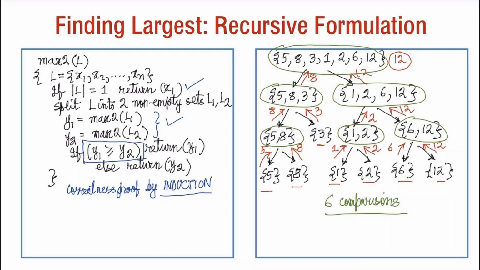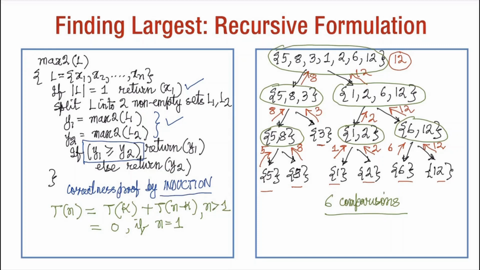And how do we analyze that here? We write down the time complexity as a recurrence relation, and we can easily write down T(n). Since we are splitting it up into two parts, let us say we split it up into two non-empty parts. So one will be T(k) plus T(n minus k), where obviously k is less than n for n greater than 1, and it is equal to 0 if n is equal to 1.